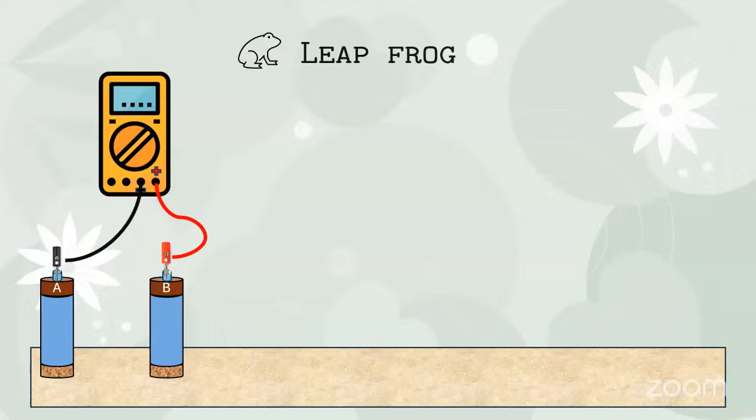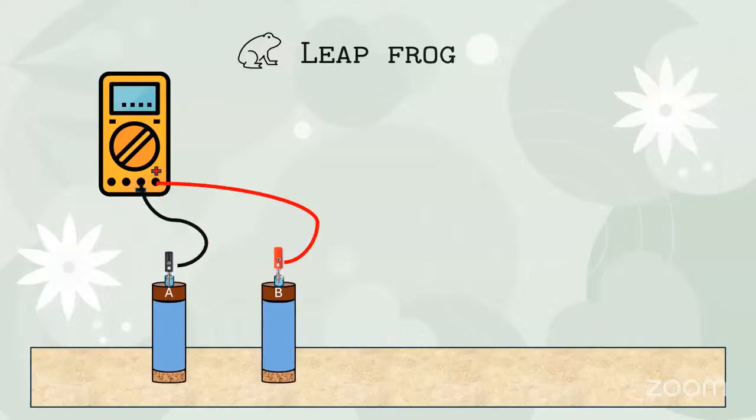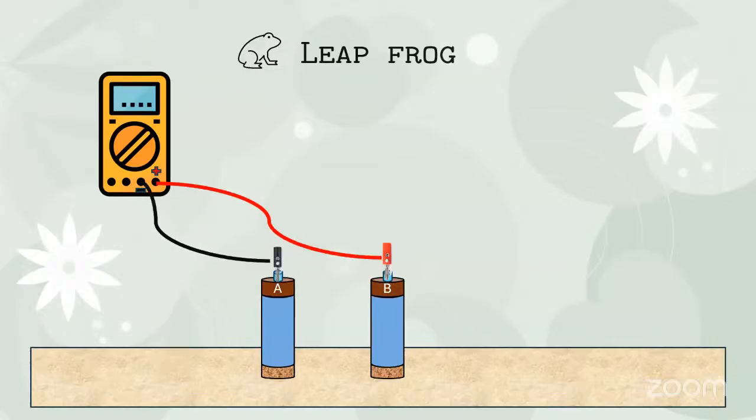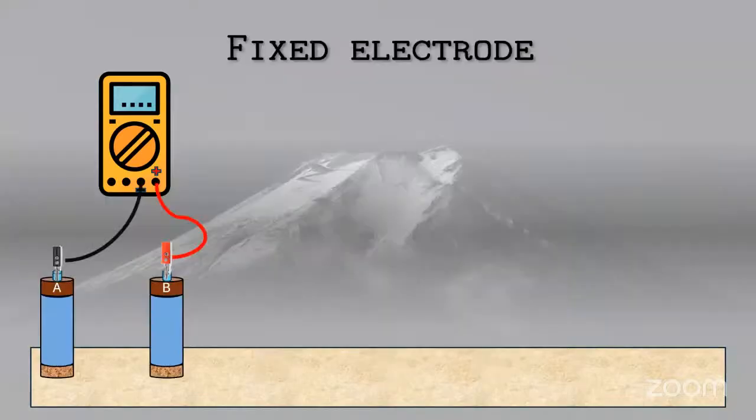The leapfrog consists of measuring with the electrodes at constant pitch and constant separation, as shown in the image. We move at a constant distance and move both electrodes, and this way, consecutively. The fixed electrode is different.